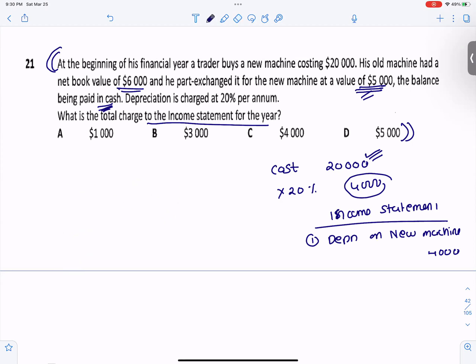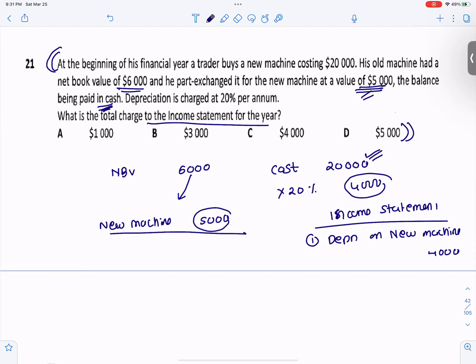He had a machine whose net book value was 6,000. He gave this machine and got a new machine. For how much? 5,000. So that means I can say he exchanged it and got something of 5,000. That means he has sold the old machine for 5,000. So a machine whose book value was 6,000, he has exchanged for 5,000.